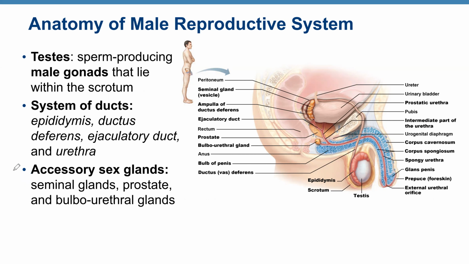Now for the male reproductive system, accessory glands include the seminal glands, prostate, and bulbourethral gland. Here's our bulbourethral gland at the base of the penis. Here's the prostate, inferior to the urinary bladder, and the seminal vesicle or seminal gland is posterior to the urinary bladder.